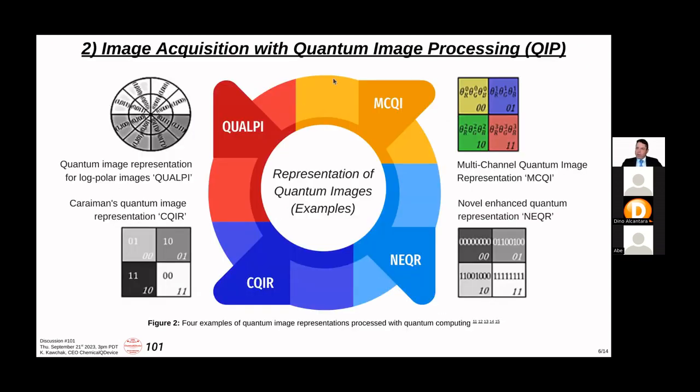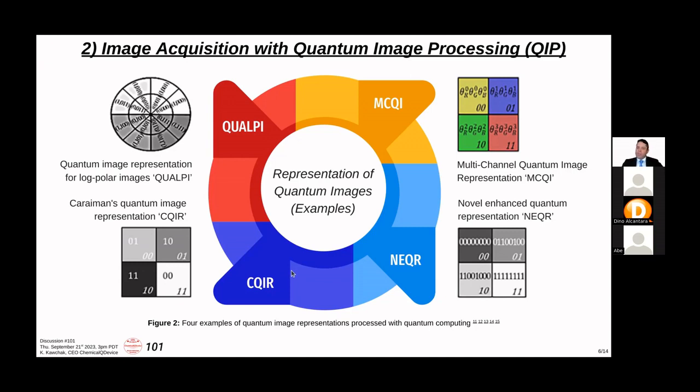So this is number 2. There's a gentleman that was on this discussion, his name is Salvador Venegas-Andraca, and he deals with this. So there's QualPhi, CQIR, NEQR, MCQI. These are different ways of processing quantum data. Three of these are black and white, and the fourth one you can see is color.